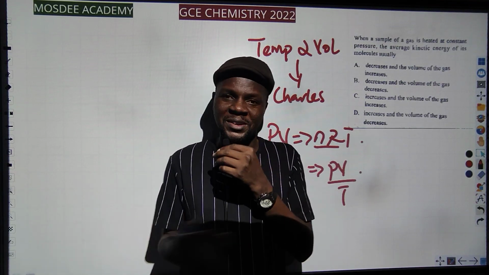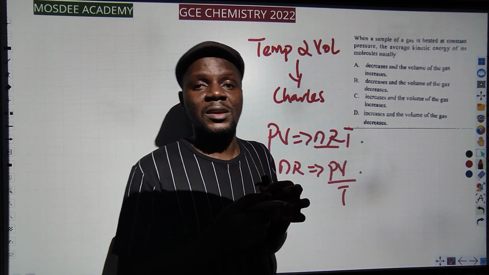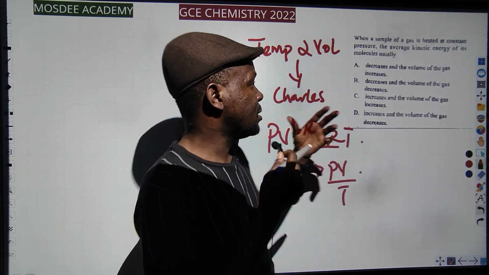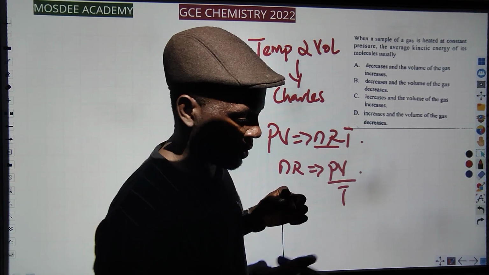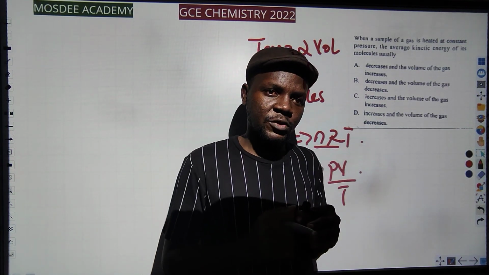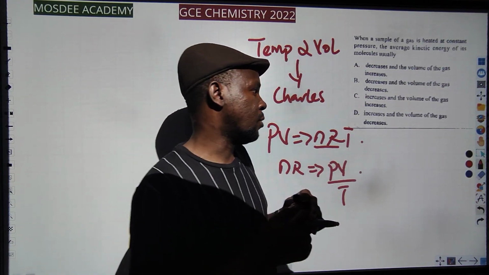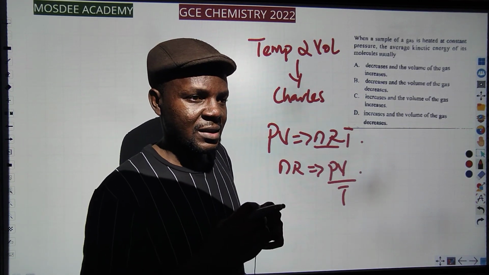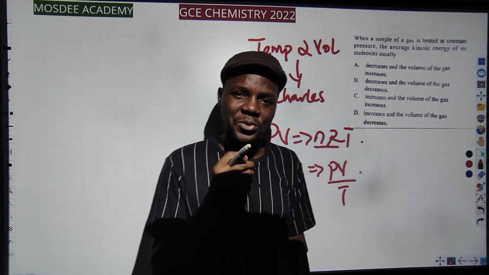This is also available on my physics channel. So the right answer to this will be both will increase, because when the average kinetic energy increases, the volume also tends to increase at constant pressure. So when pressure is constant, volume, temperature, and pressure are the three thermodynamic parameters.